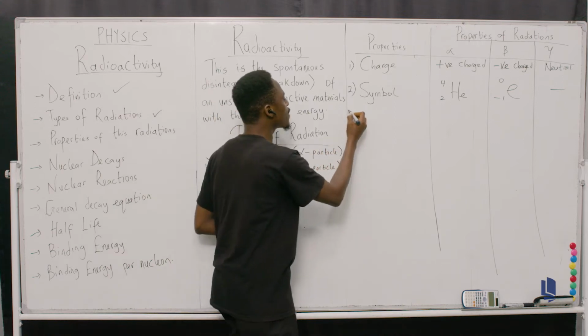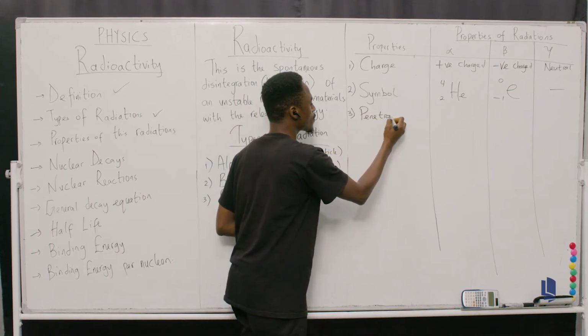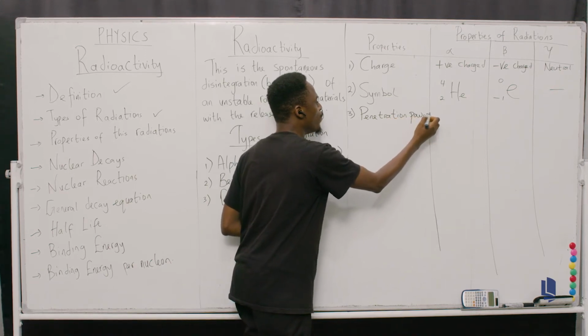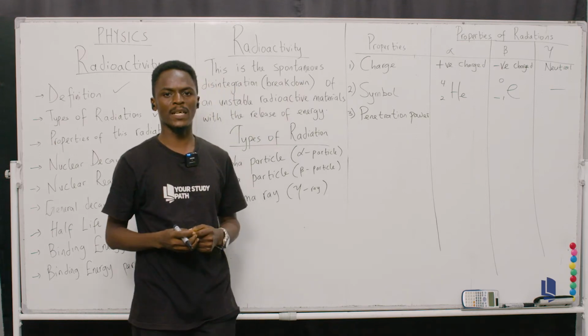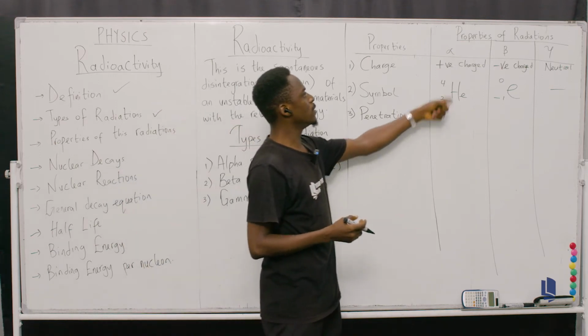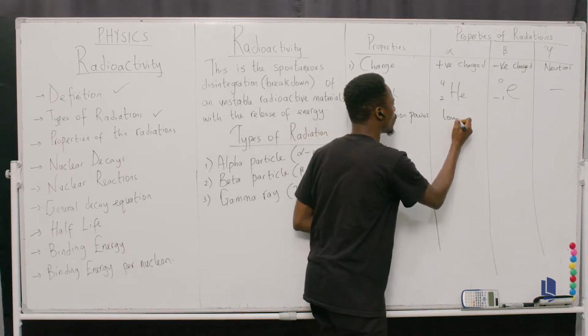Then we make reference to the penetration power. How best do they penetrate substances? Alpha particle has the lowest penetration power.